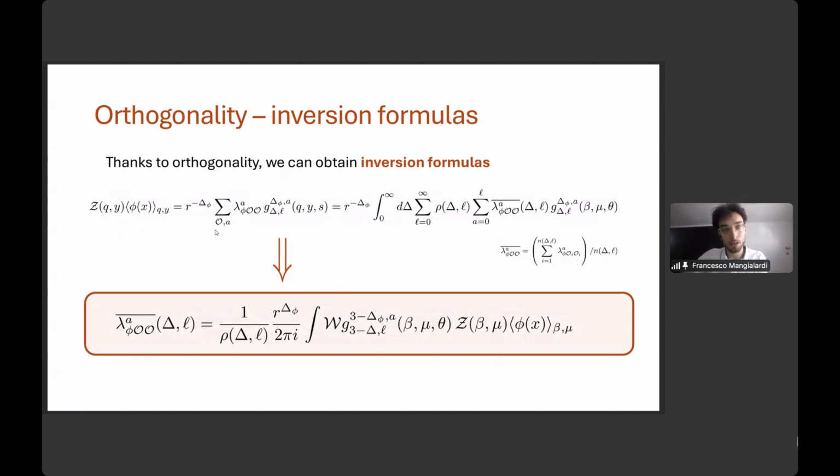In fact, we can imagine summing not over the single primary fields, but instead over their quantum numbers. So here we integrate over the dimension and sum over spin and the tensor structure. And then we can use orthogonality to invert this relation and find a formula for the average value of the OPE coefficient, which share the same quantum numbers for the exchanged operator, in terms of the one-point function.